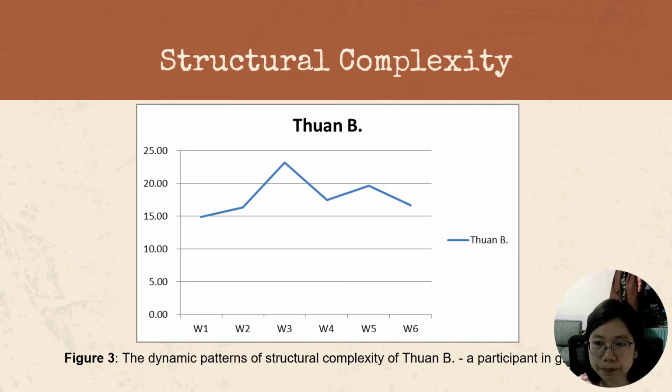Now this is an example of one student. You can look at the figure, and in week 1, this student only gets about 15. The score is about 15, but in week 6, there is some improvement, right?